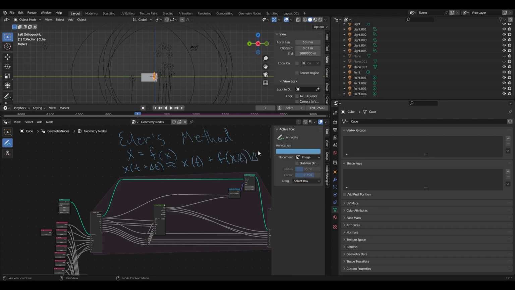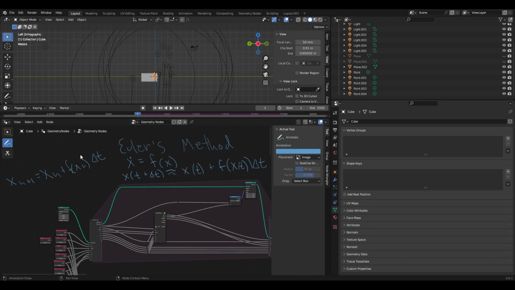Improved Euler's does an averaging of f of x at n, and here I'm changing the notation because n is a variable and it goes from 1 to however many increments in time you want to calculate for, and then there's an n plus 1, which is the next increment.